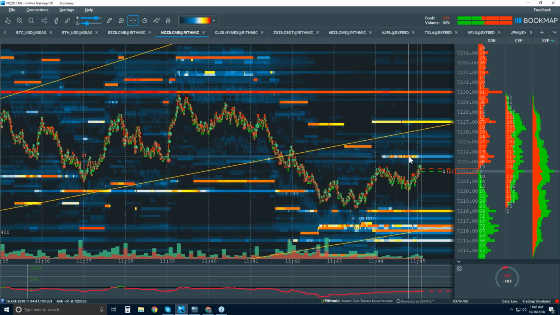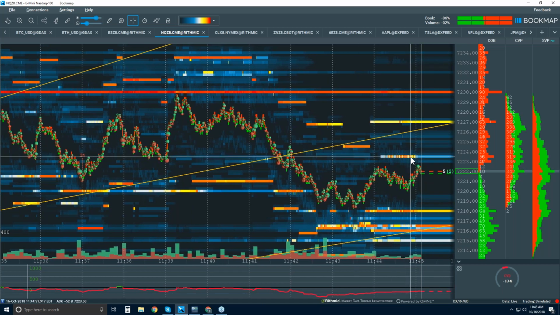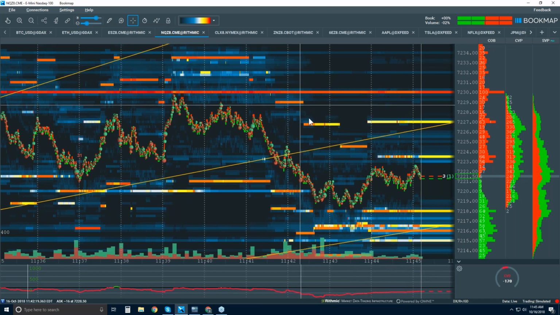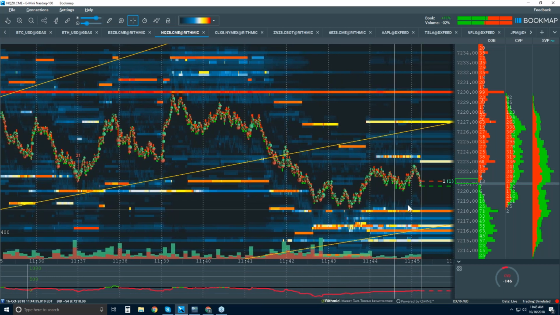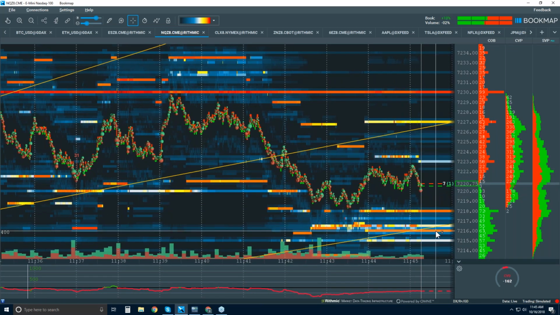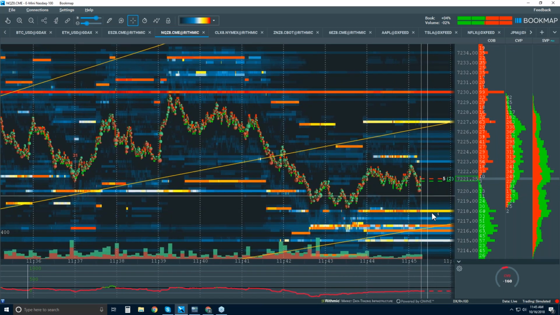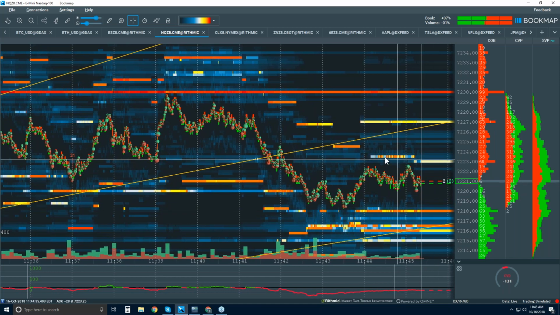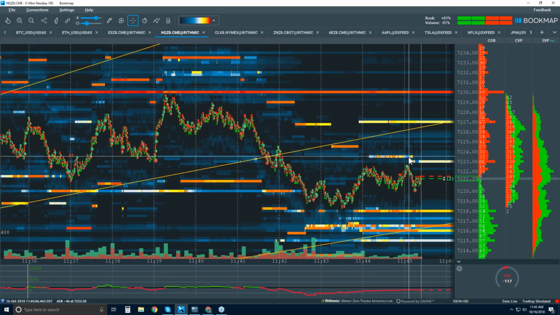Because he's starting to pull here, that makes me feel that he's not trying to get out of a trade. He's trying to get it down into an area down here so that he can be a buyer at these levels, based on his intent to trade at these levels.